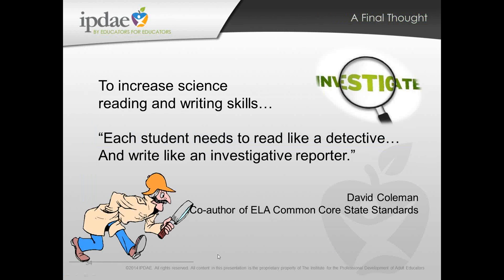So, Dave Coleman, who is co-author of the English Language Arts, gosh, I don't think of science there, but he said to increase science reading and writing skills, each student needs to read like a detective and write like an investigative reporter. You know, Susan, this sounds real familiar to something that you covered last week.